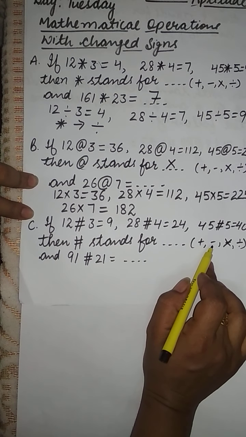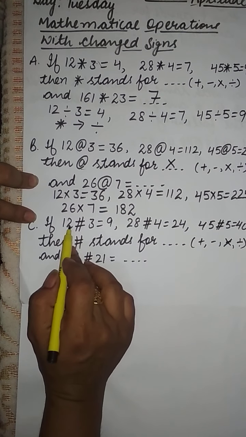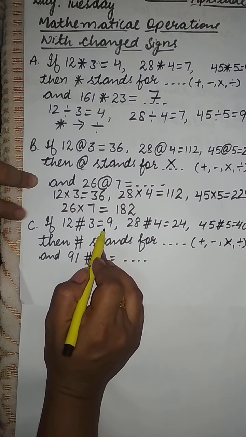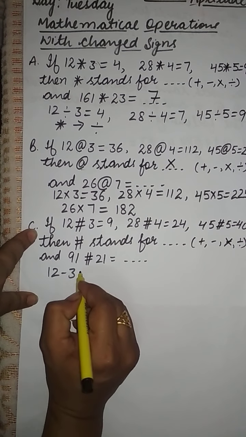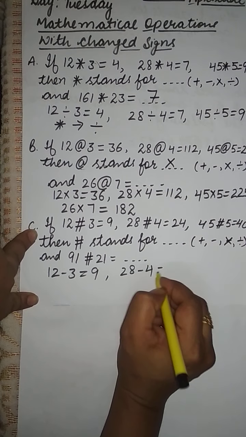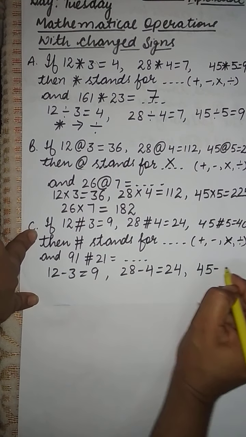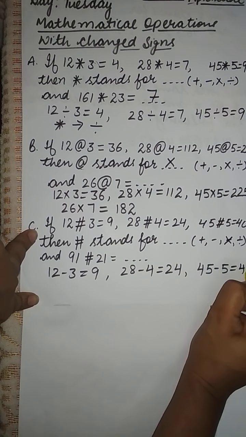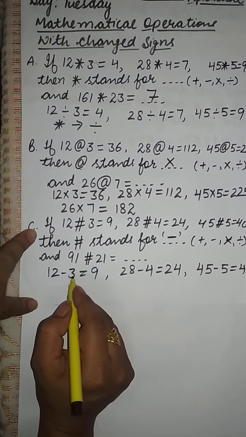That is plus, minus, multiply or divide. Now you can see clearly here 12 minus 3 is equal to 9, 28 minus 4 is equal to 24, 45 minus 5 is equal to 40. So this symbol represents the mathematical operation minus.